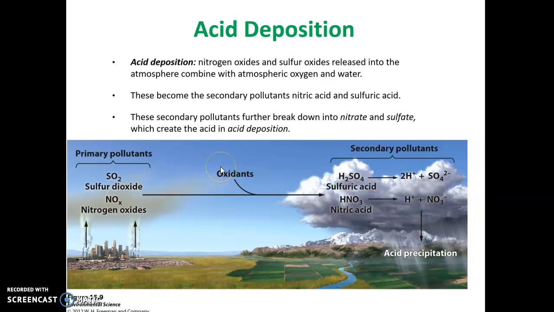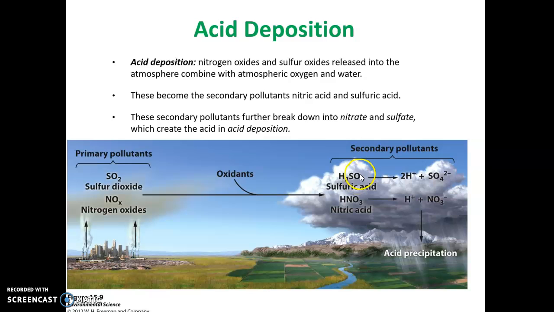They combine with oxygen and water in the atmosphere, and as a result, sulfuric acid and nitric acid are produced. Those are considered secondary pollutants because they're not emitted directly from a source. It's the result of a combination of primary pollutants with other molecules in the atmosphere.